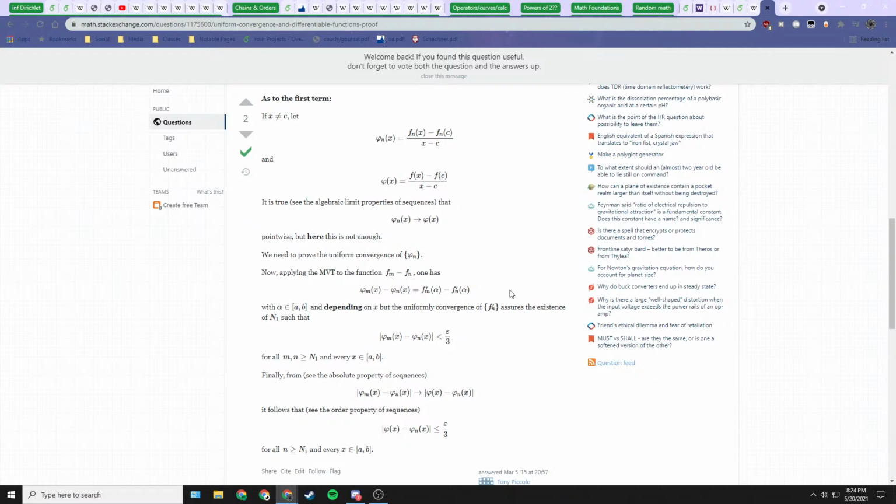Okay, all they're doing is finding some value of alpha such that this difference is just these f primes for m and n. Okay, I see.